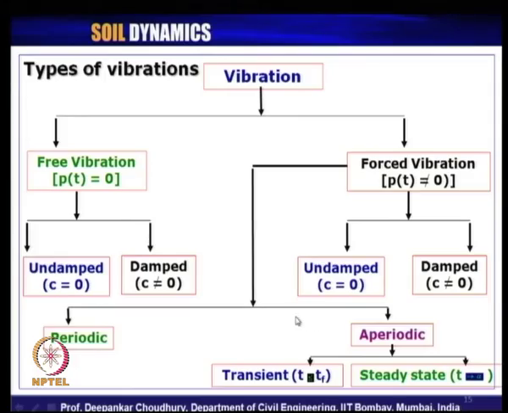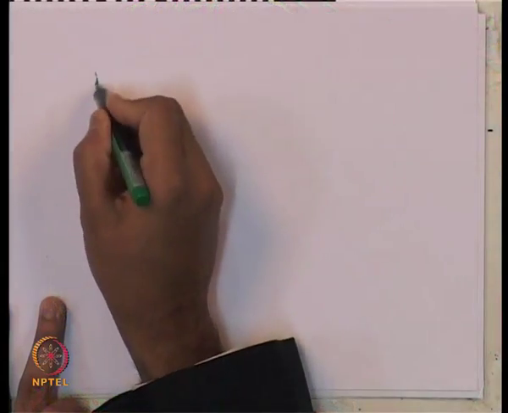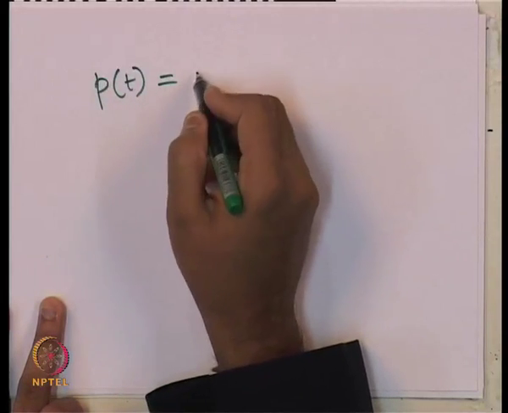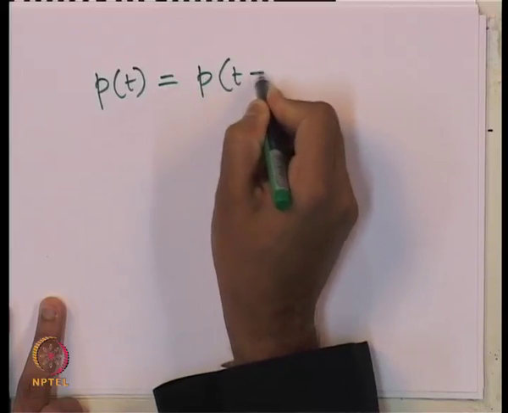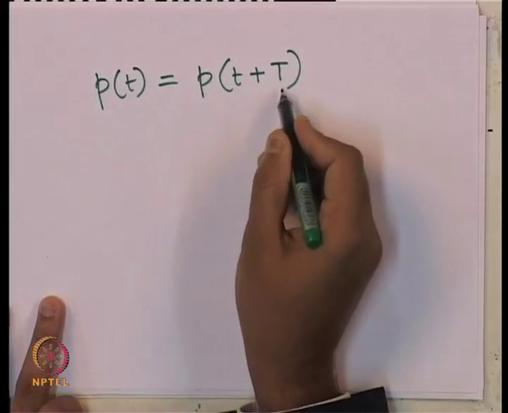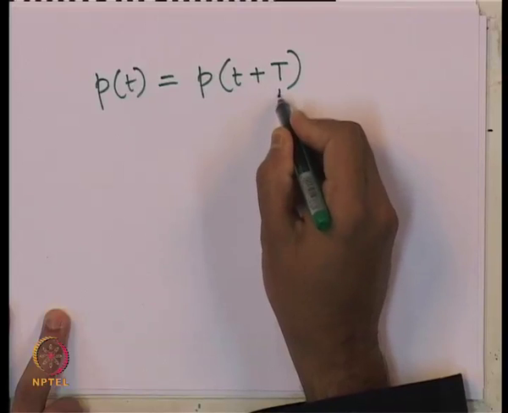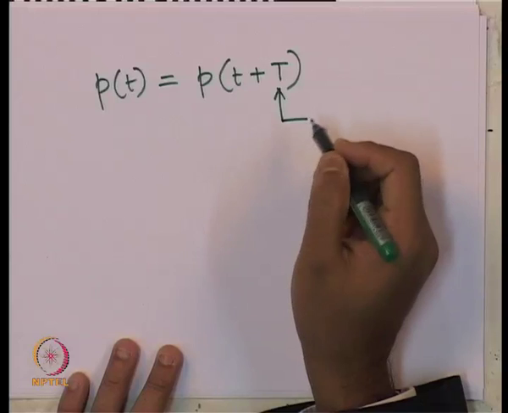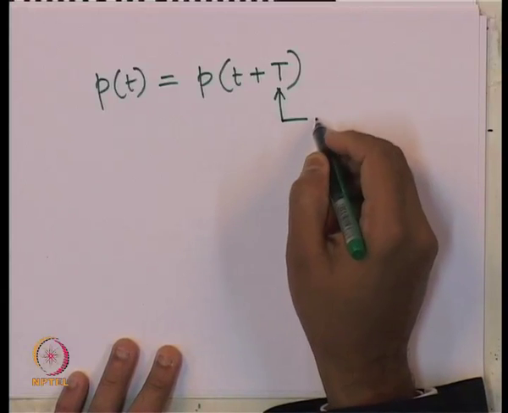What is periodic forced vibration? Periodic forced vibration is such that we have a system where this P of t repeats its nature after a certain period. In the previous lecture, we discussed that this capital T is generally denoted as the natural period.